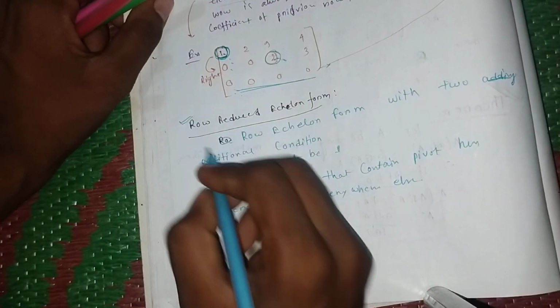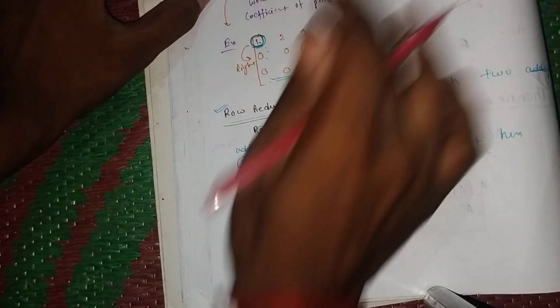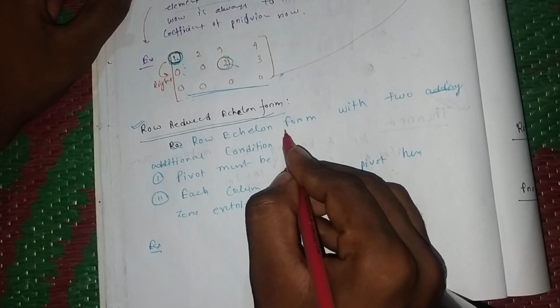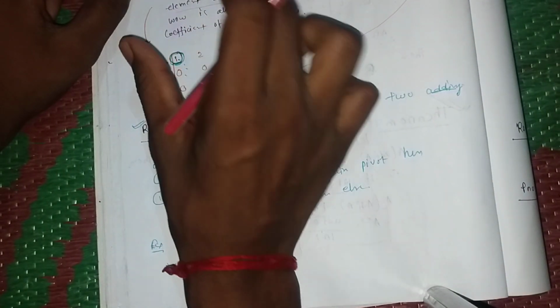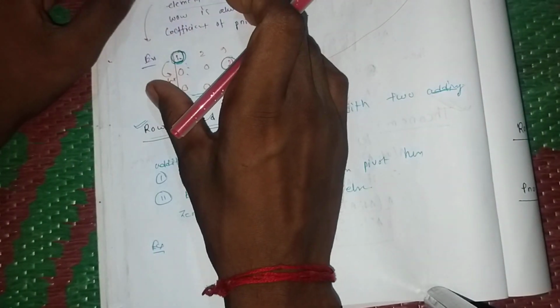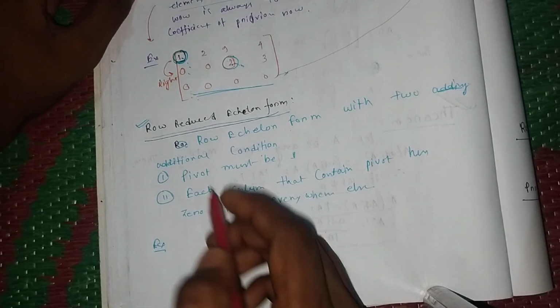Now there is an advanced form, which is row reduced echelon form. What is row reduced echelon form? It is a row echelon form with two additional conditions, meaning the first two conditions hold, but you have to add some extra conditions.